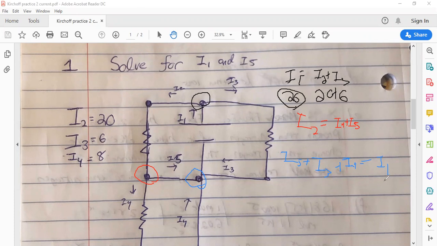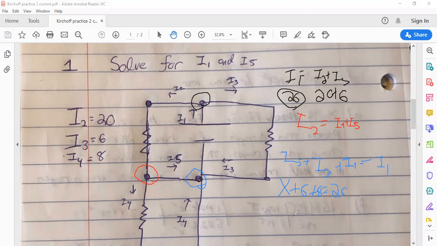We know I1, we know I3, we know I4, so we can get I5, that's the one down here. I5 is X, I3 is 6, I4 is 8, and I1, we just found out, is 26. 6 plus 8 is 14.